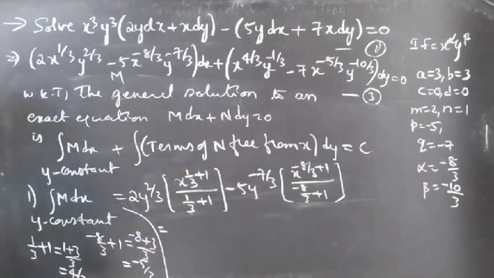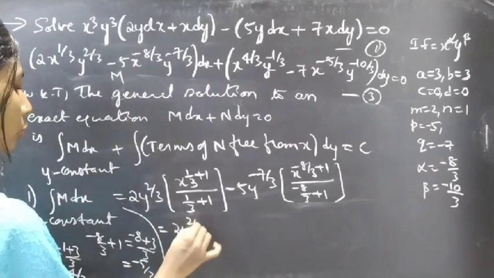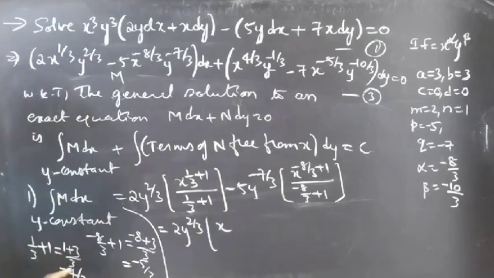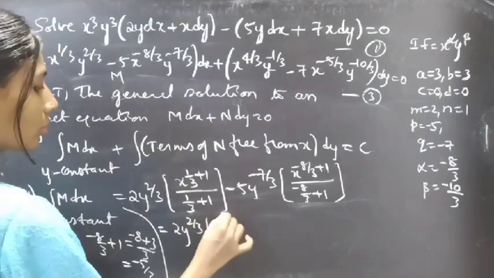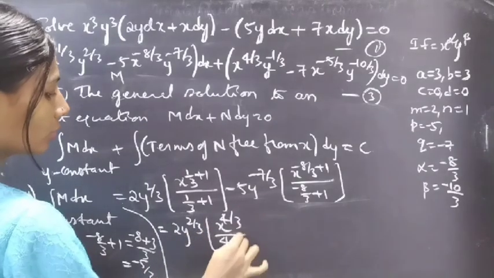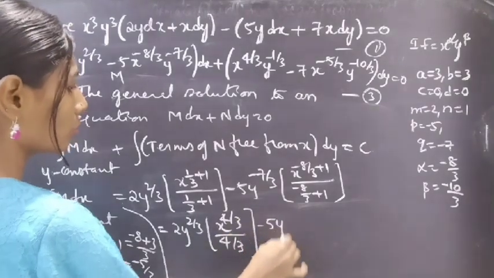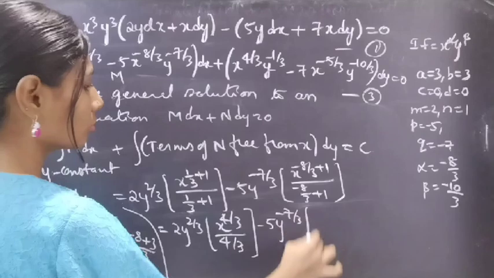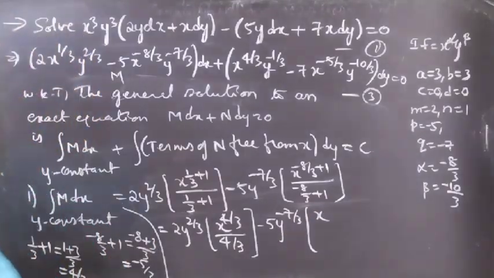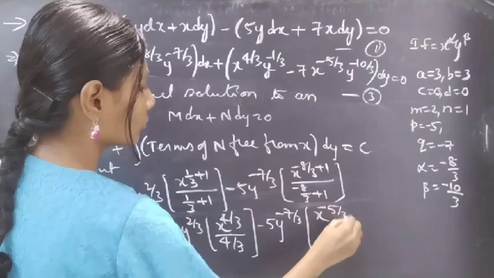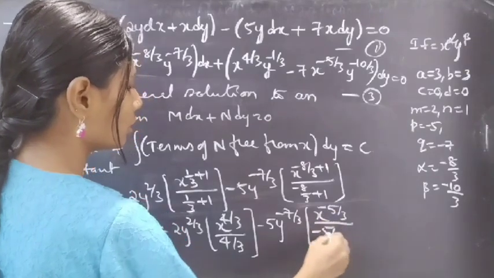Coming to the first integral, we'll get 2 y power 2 by 3 into x power 4 by 3 by 4 by 3, minus 5 into y power minus 7 by 3 into x power minus 8 by 3 plus 1, which is minus 5 by 3, by minus 5 by 3.